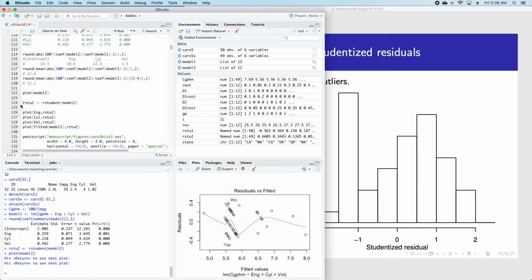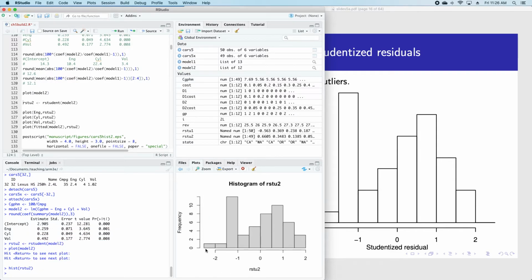We can see this also if I draw a histogram of the residuals. Now they're spread between plus 2 and about minus 2.5. So we don't have any more outliers in this data set.